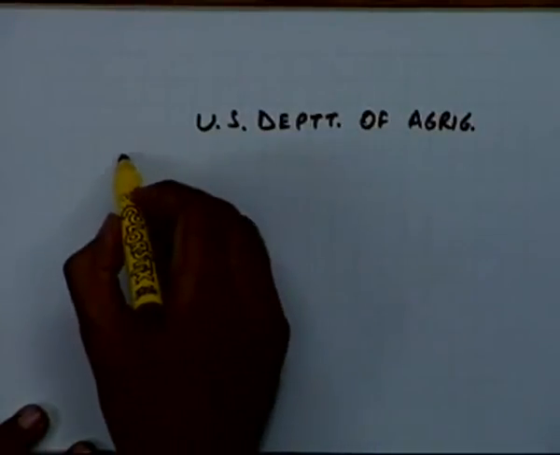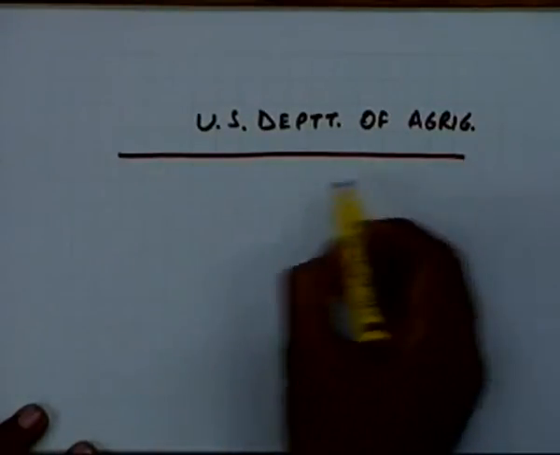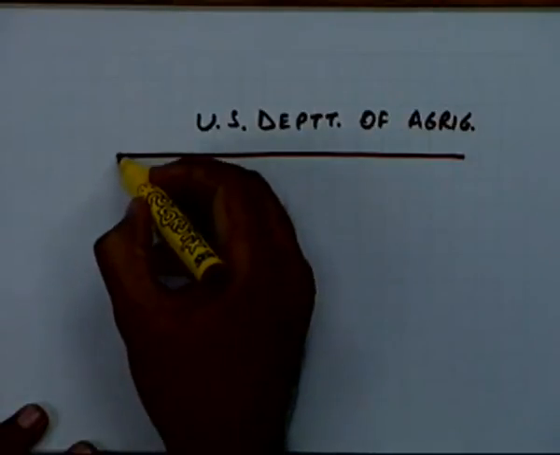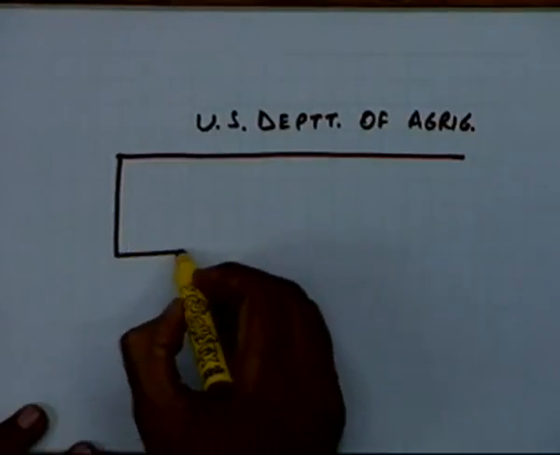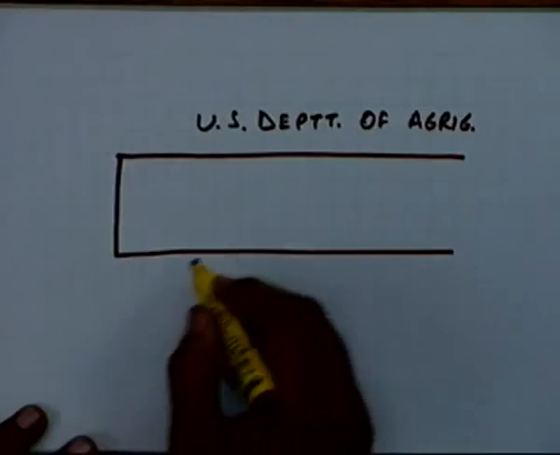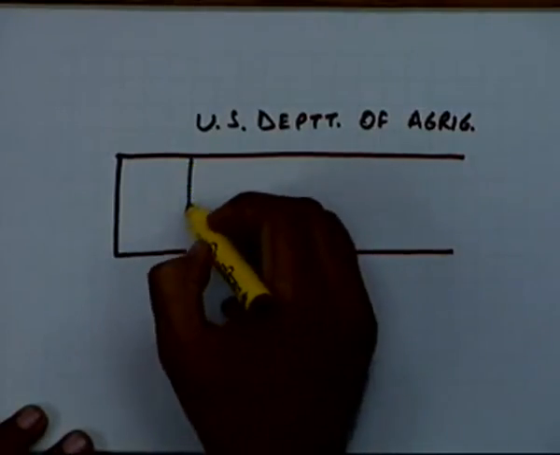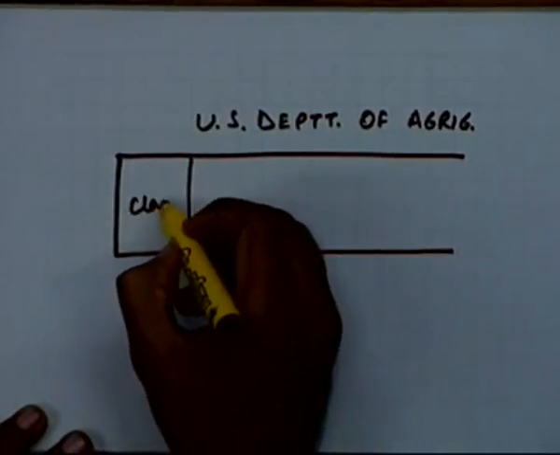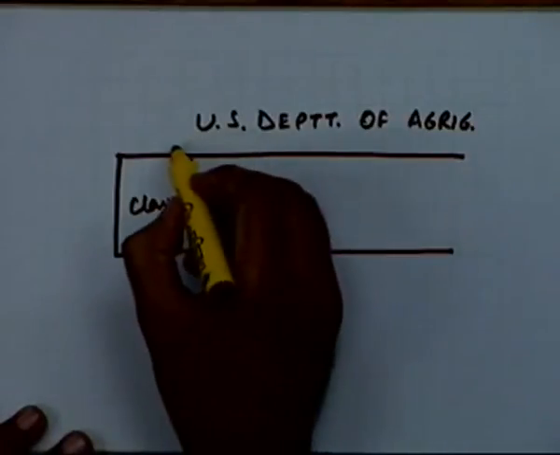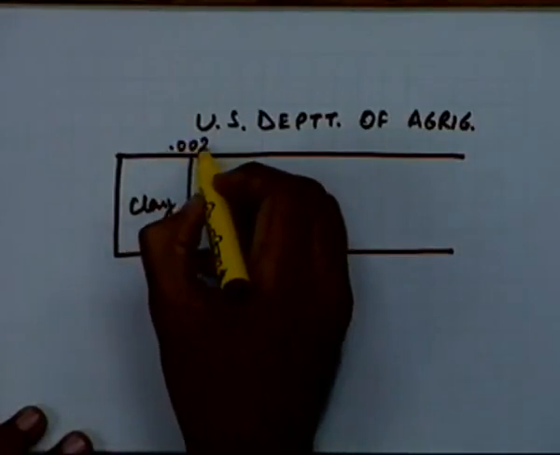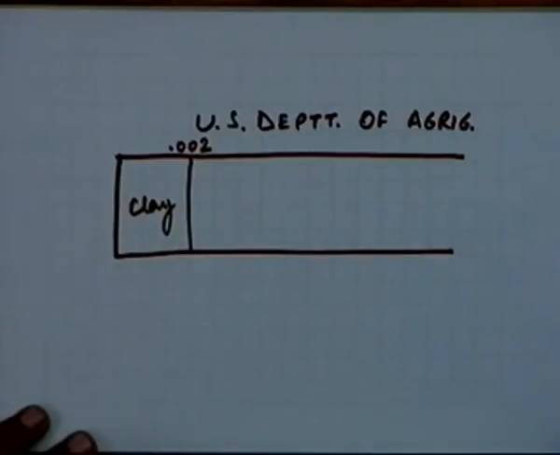With respect to this classification, anything less than 0.002 millimeters is termed as clay.